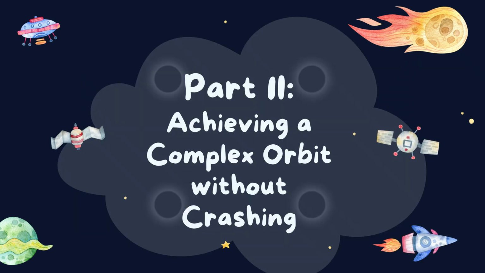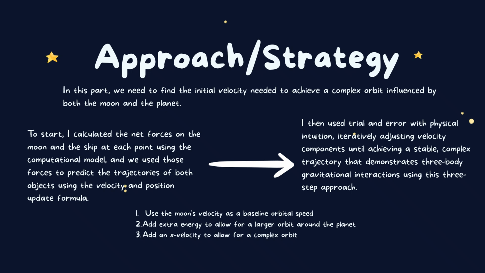Part 2, achieving a complex orbit without crashing. In this part, we need to find the initial velocity needed to achieve a complex orbit influenced by both the moon and the planet. To start, I calculated the net forces on the moon and the ship at each point using the computational model, and we used both forces to predict the trajectories of both objects using the velocity and position update formula.